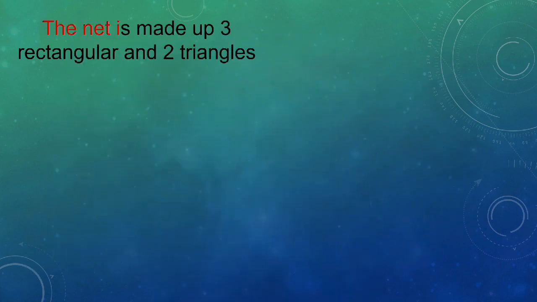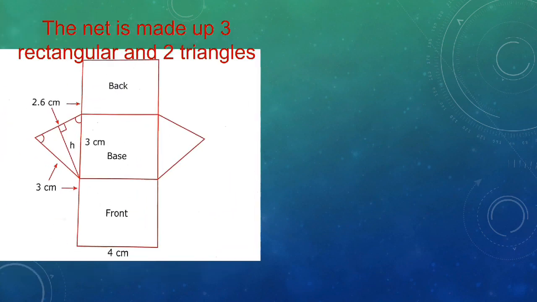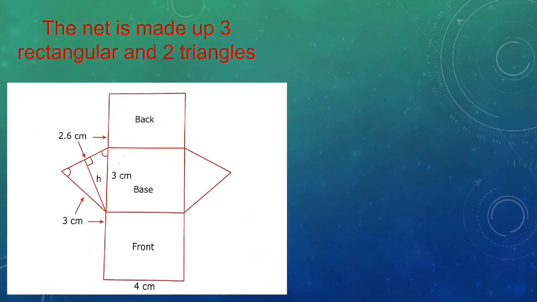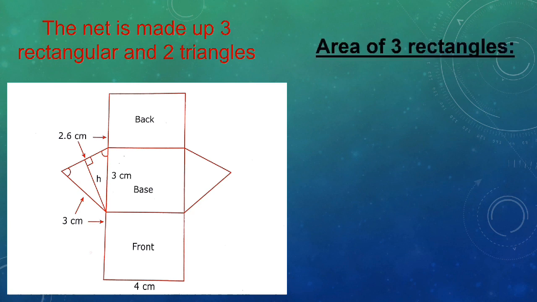The net is made up of three rectangles and two triangles. Since it is a triangular prism, we have three rectangles and two triangles. We are going to solve the area of those shapes. Okay, first we will solve the area of the three rectangles.